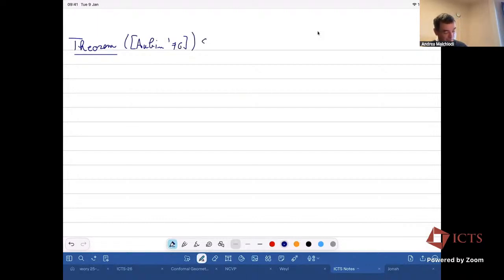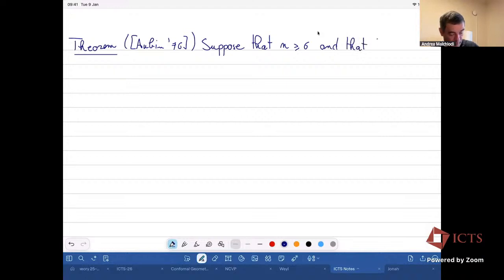Suppose that the dimension of the manifold is greater or equal to 6, and that the manifold (M, g) is not locally conformally flat.